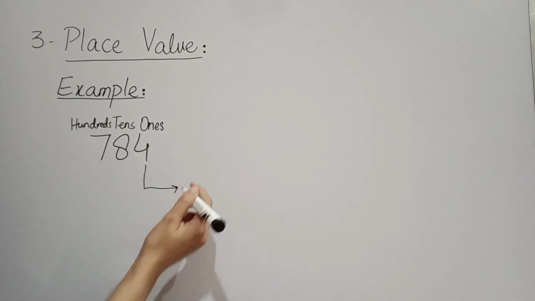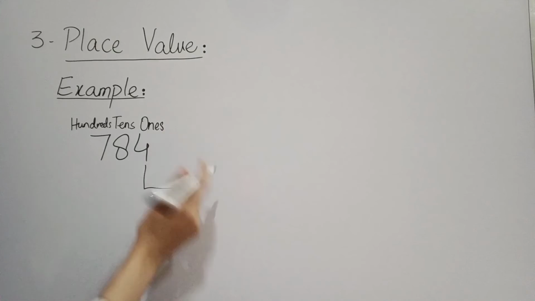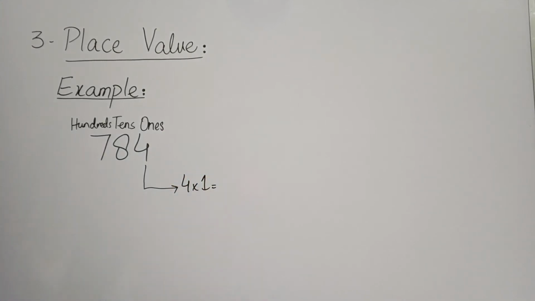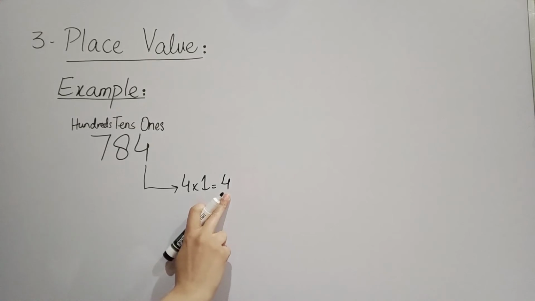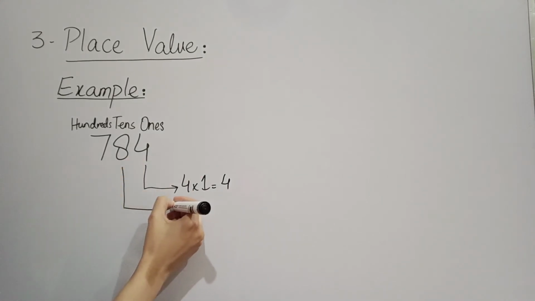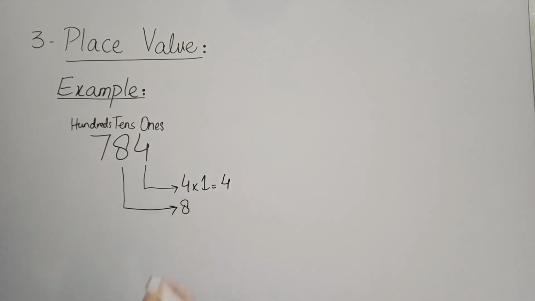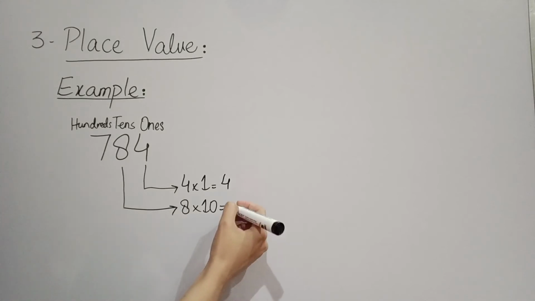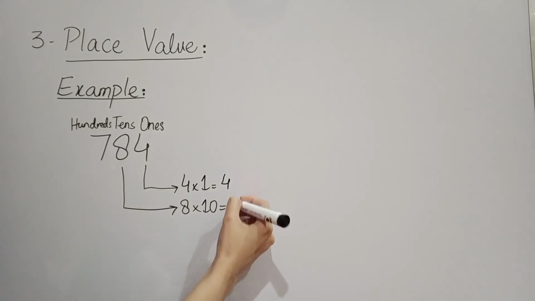So 4 representing ones means 4 will be multiplied with the number 1 and will remain 4. It is representing ones value. Now number 8 representing tens. As we can guess with the name tens, 8 will be multiplied with 10 and will become 80.